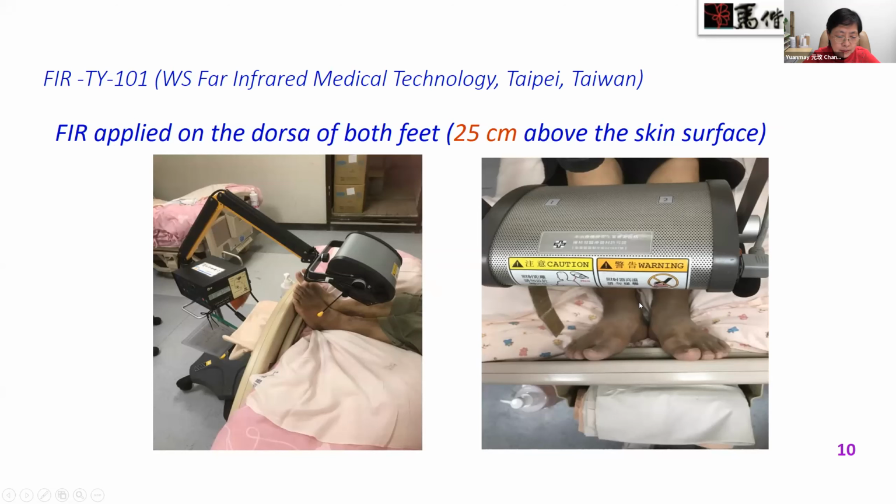Patients lie down on the bed in the supine position with legs together in the hemodialysis room. Room temperature is set at 23 degrees Celsius for at least 30 minutes before we administer the measurement. We conduct the post-test measurement immediately after the last FIR treatment.